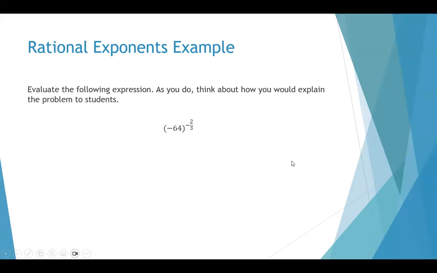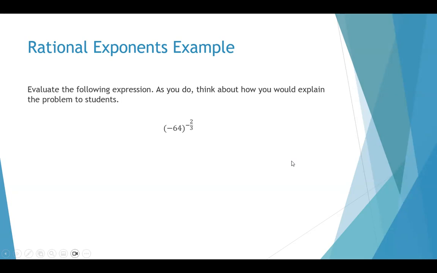I always think of it as doing the inside first. So that cube root, I would say, the cube root of negative 64 is negative 4. Negative 4 times negative 4 times negative 4 is going to give me negative 64. And then to that result, I am squaring it, or no, I'm not squaring it.